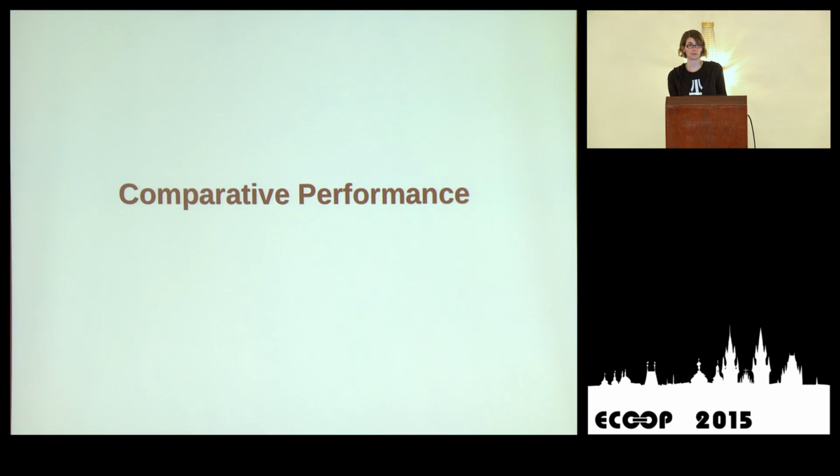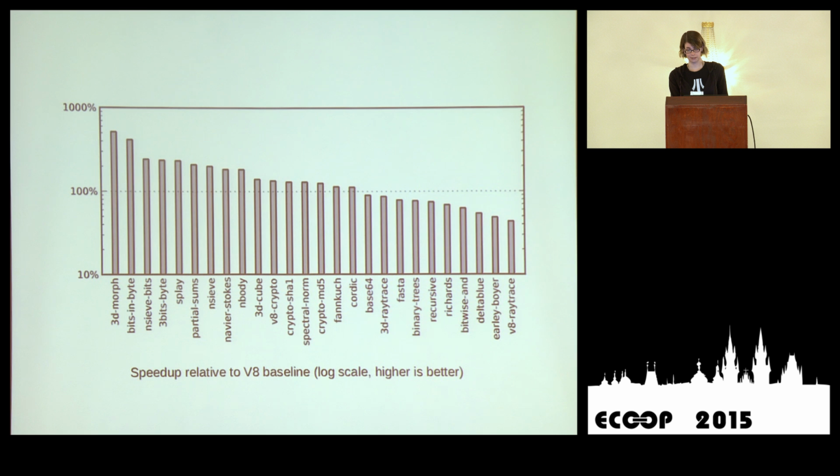We've been asked to compare our implementation against other JavaScript implementations. So this is a speed up relative to the V8 baseline compiler. I'll note here that the V8 baseline compiler is not Crankshaft, the advanced optimizing compiler inside V8. It's the first line baseline compiler.